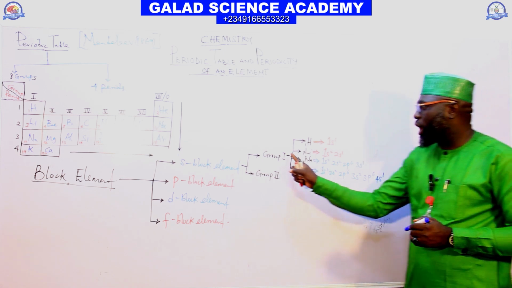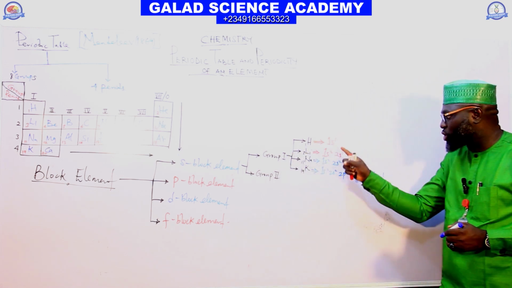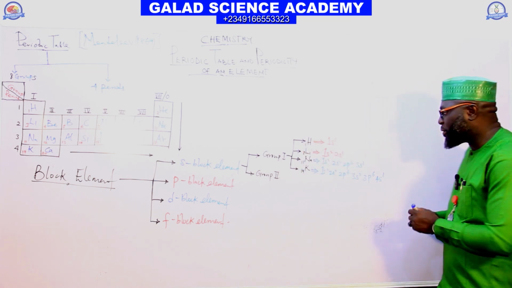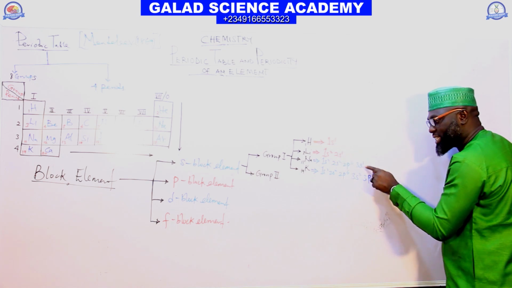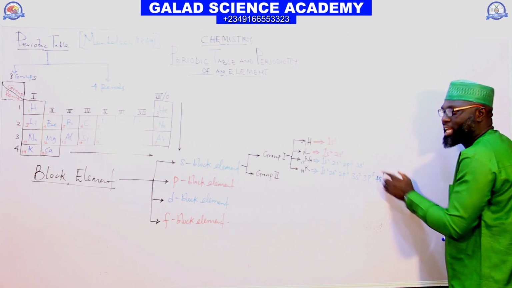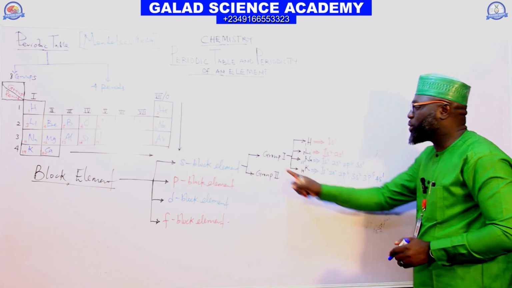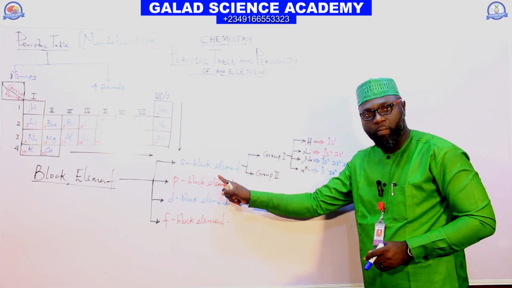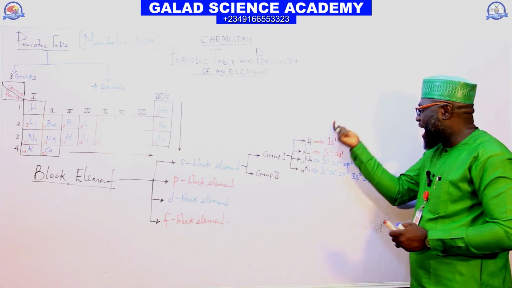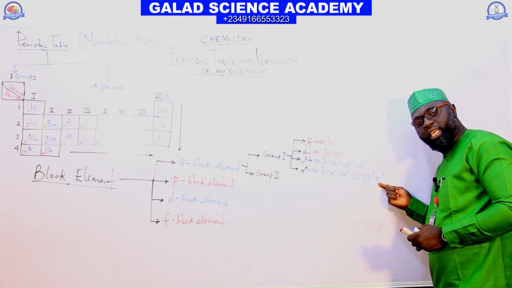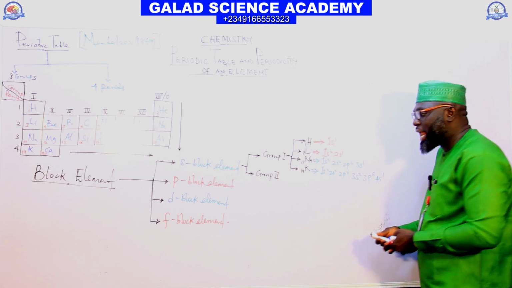Look at the last electron of all group 1 elements, it can be found at the S orbital. Therefore, these group 1 elements are S block elements, because their valency electron can be found at the S orbital.